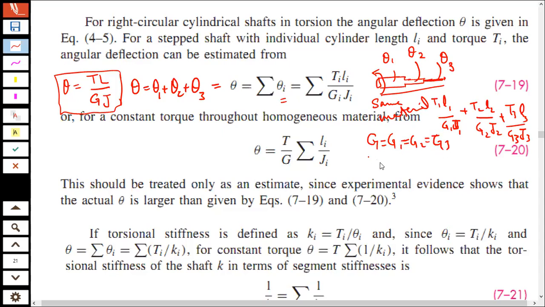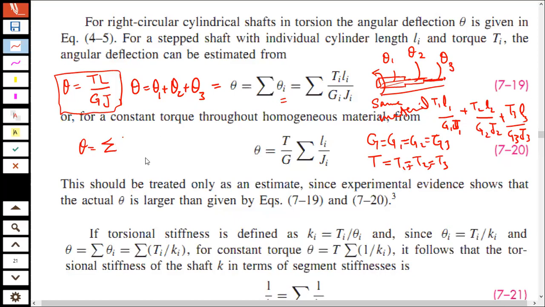Similarly, आपका जो torque है, that also remains the same. You are transmitting torque with this shaft. ठीक है जी, no matter what the section is, your torque should remain the same. So T1 will be equal to T2 will be equal to T3. ठीक है जी.